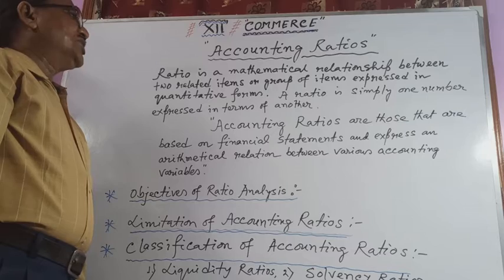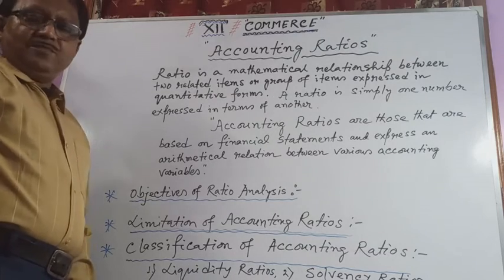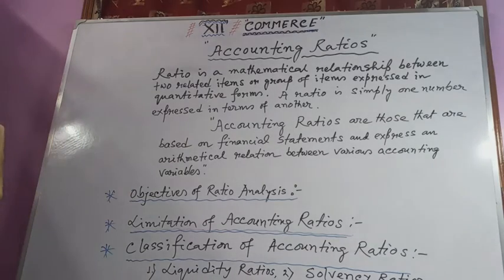Generally, ratios are in three forms. Number one, pure ratio, that is simple ratio or proportion. Say gross profit and sales, gross profit is to sales.